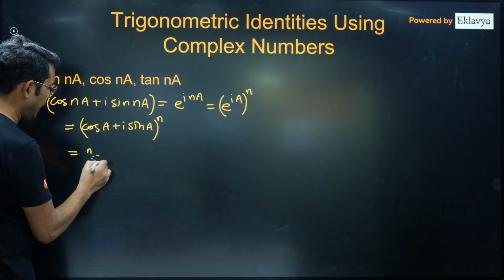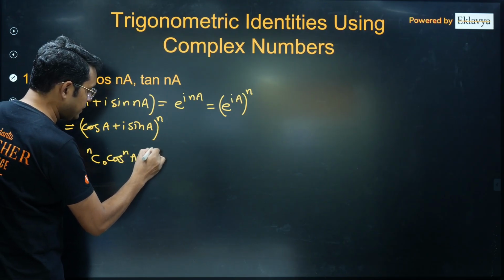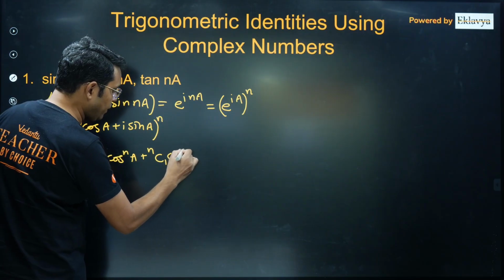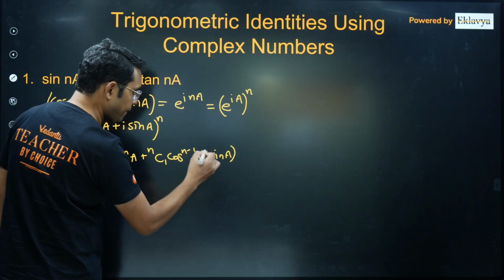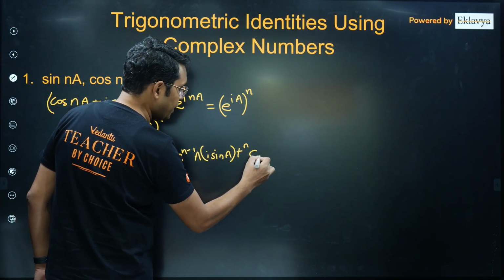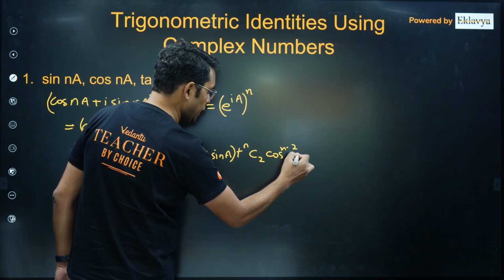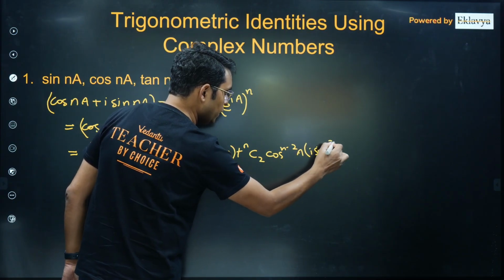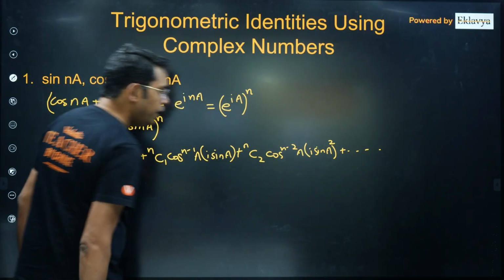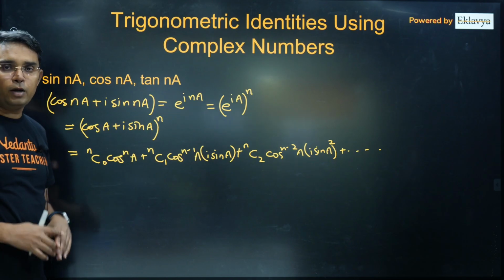So this will become nC0 cos^n A plus nC1 cos^(n-1) A into iota sin A, then another term would be nC2 cos^(n-2) A into (iota sin A) whole square, and so on. Now you just need to compare the real part and imaginary part on both sides.